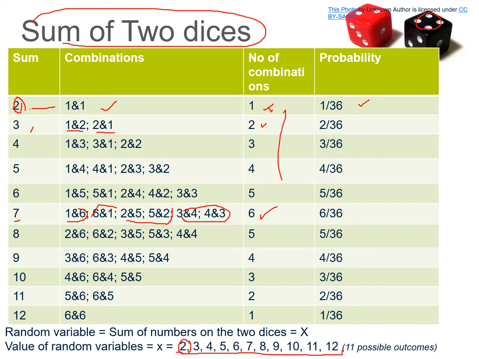There are 36 different possibilities in total, and out of that, getting 2 is only 1, so 1 out of 36. Whereas the possibility of getting 7 is, you have 6 different combinations, so 6 out of 36, which is 1 by 6, right? And the variable and the probability give us the probability distribution.